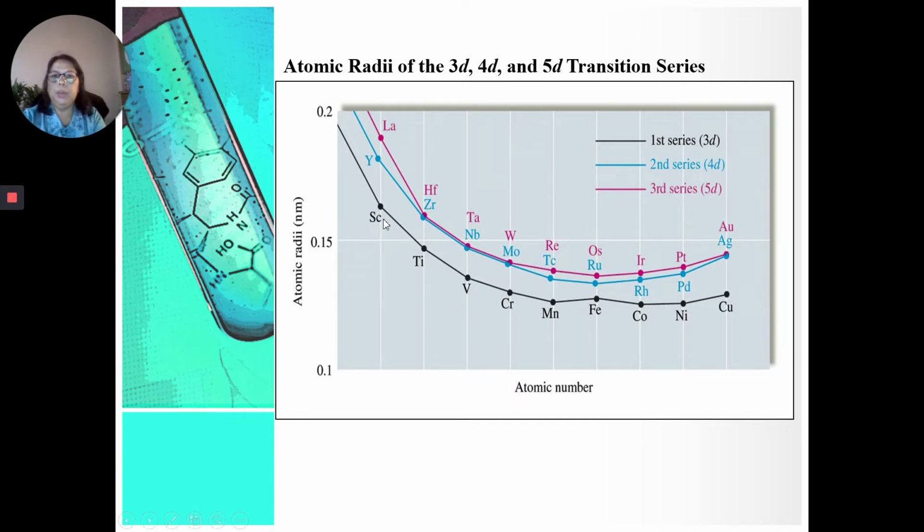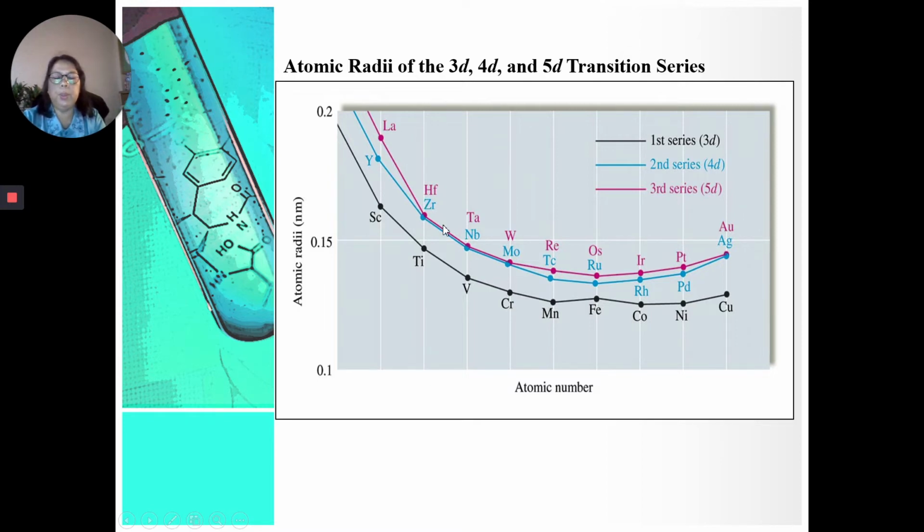So you have here the first series of transition metals, and the blue one is the second transition series, and the red one is the third series.